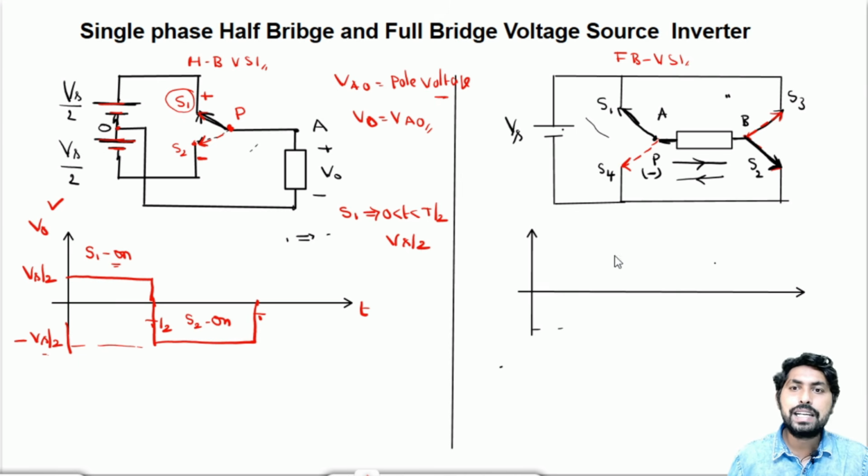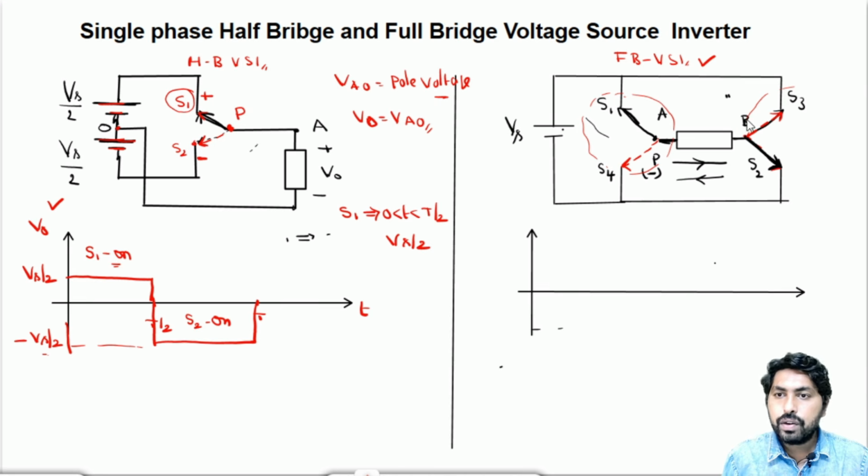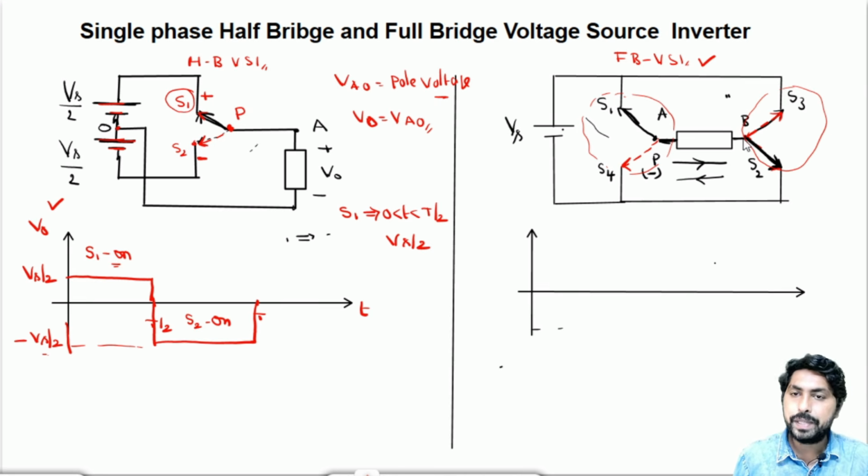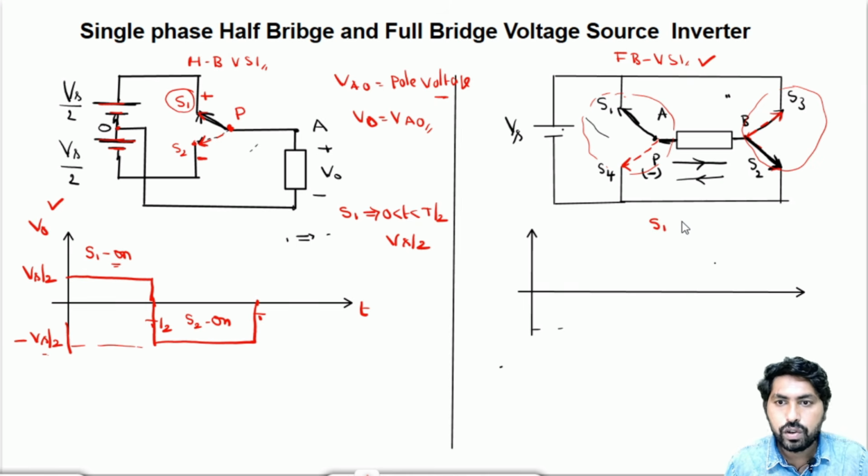Similarly, let us look at the full bridge voltage source inverter. For implementing the full bridge voltage source inverter, we are taking two SPDT switches. For example, if I close S1 and S2, what happens? The output voltage will be plus here and negative here.